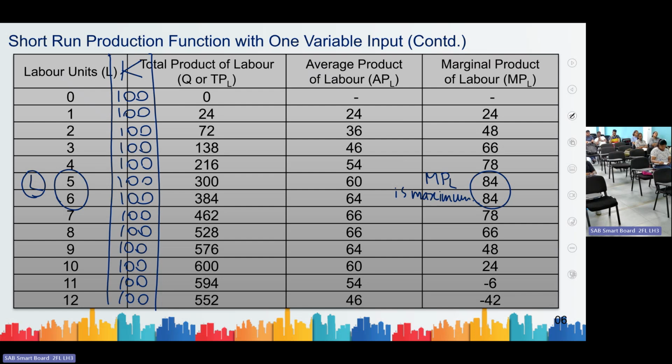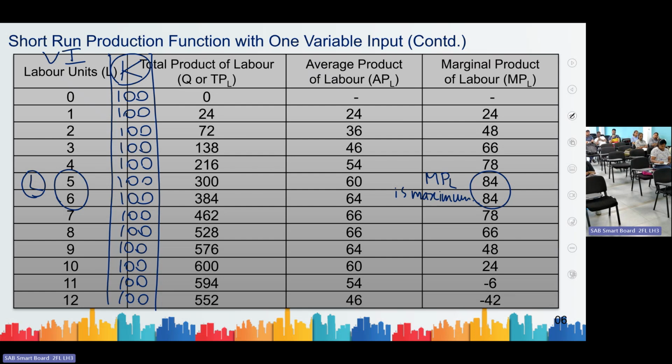So when a firm increases its labor input, from 1, 2, 3, 4, 5, 6, 7, 8, 9, 10, labor input is increasing. That is the variable input, with a given amount of the fixed input, which is capital. Given means it's fixed.